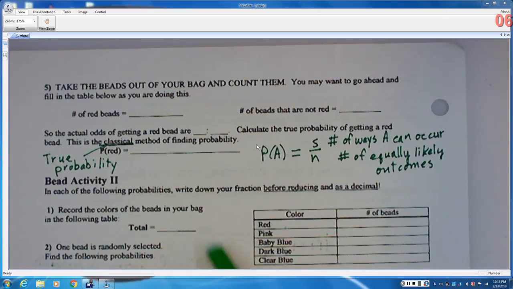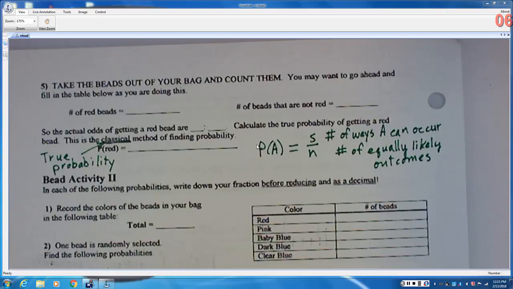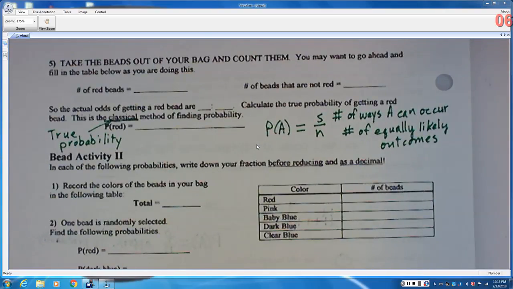I have the bead colors to use posted online, I think, for that. So you guys can work in groups of 2 or 3, I guess. These are my really nice bags here.